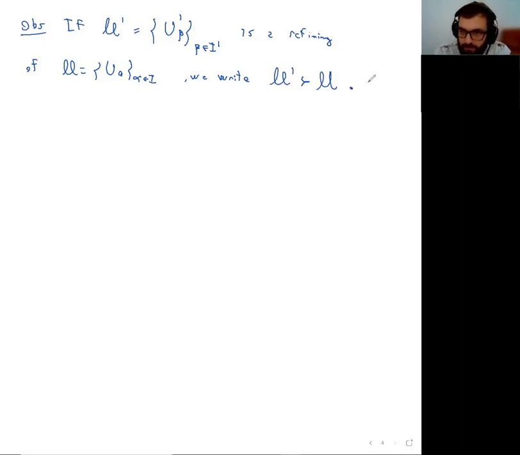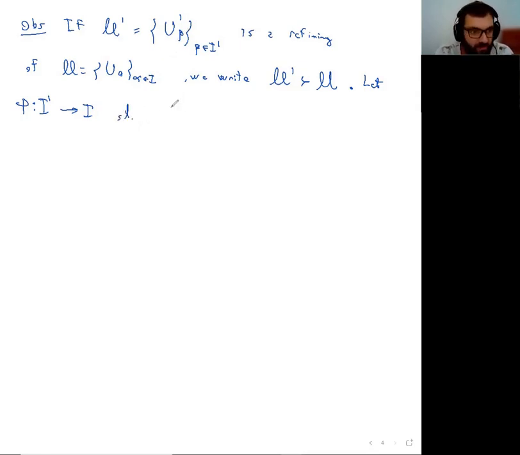Okay. So the refining is bigger. So this symbol is like the greater or equal, but with curvy lines. And then we take a map phi from the set of indexes to the set of indexes. So the map from here to here.